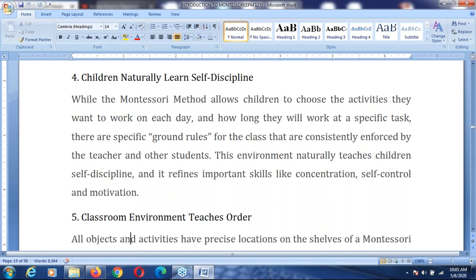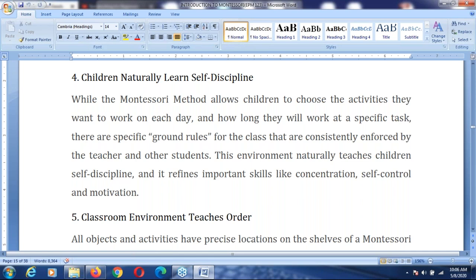Children like to control the small ones. If you give them canes, they will beat them. So this environment naturally teaches them self-discipline. They learn it by settling down independently, exploring activities of their choice, and discovering and learning more knowledge from it.